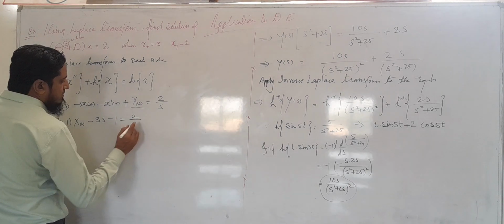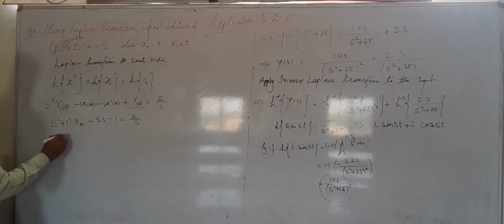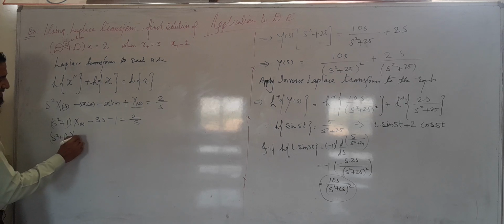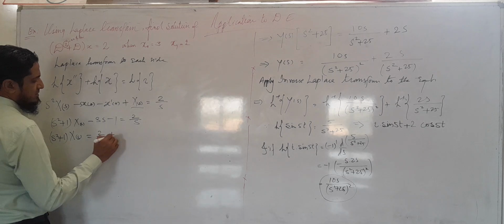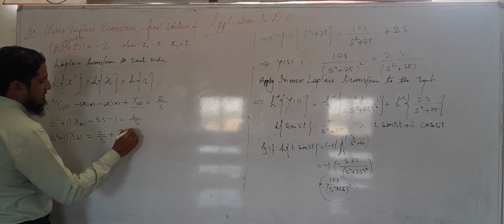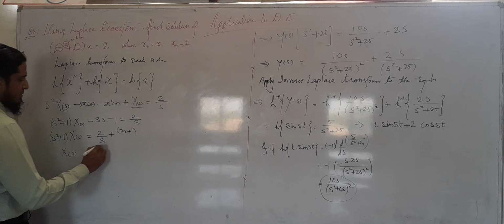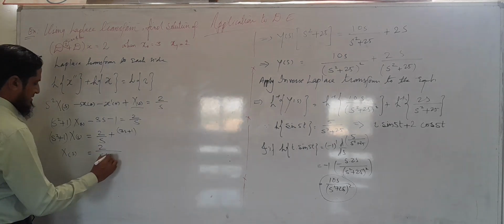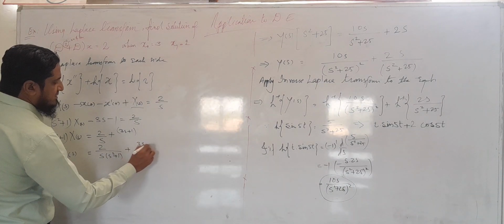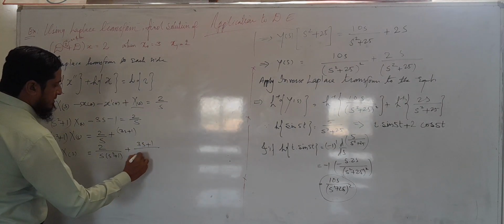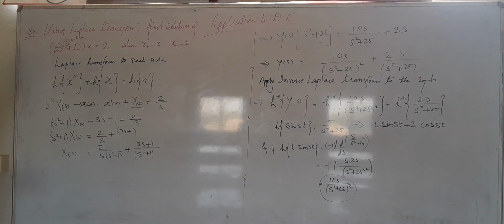Now s square plus 1 X(s) equals 2 upon s plus 3s plus 1, and X(s) is equal to 2 upon s into s square plus 1 plus 3s plus 1 upon s square plus 1.